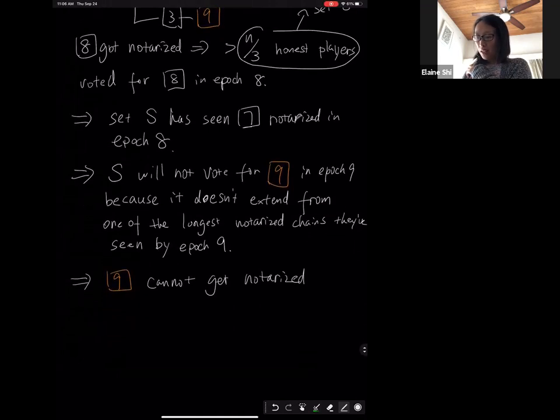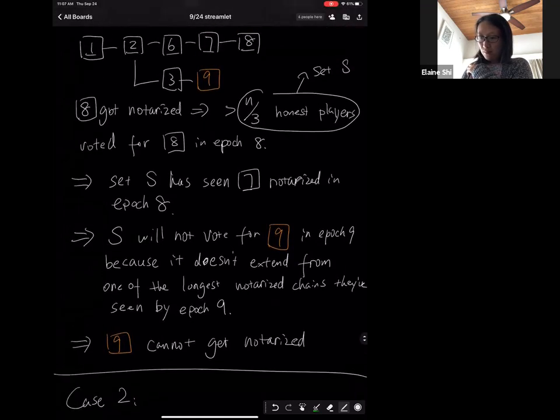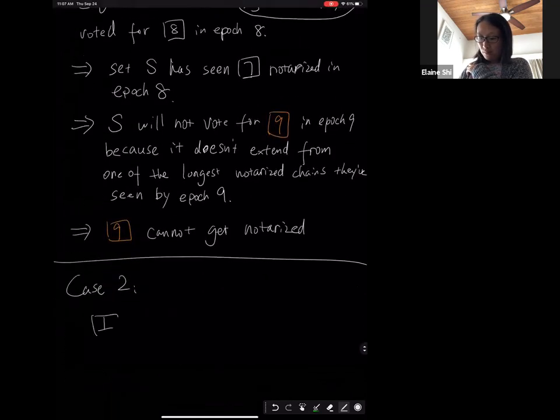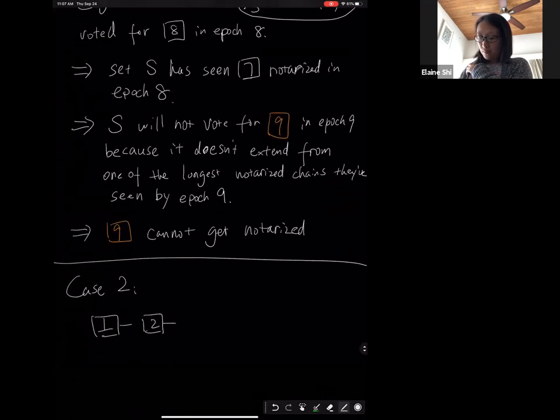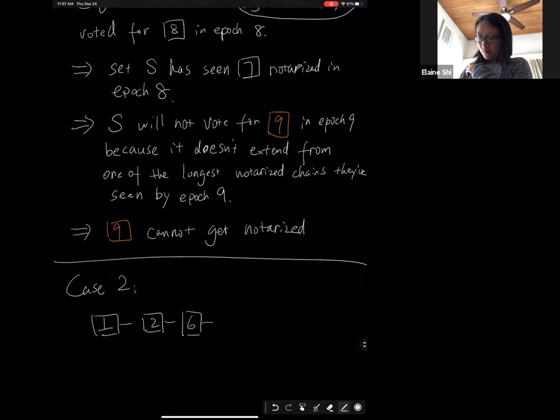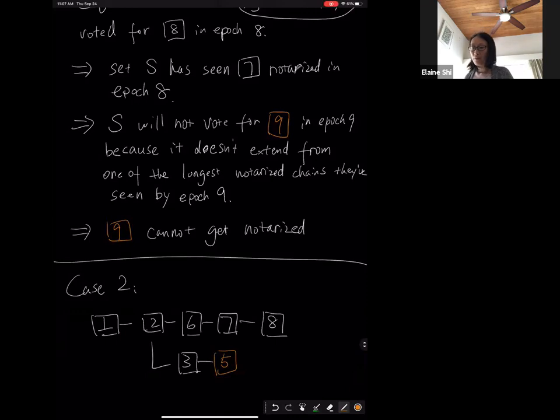And case 2 has an almost symmetric proof. Without loss of generality, we can assume this orange block has epoch 5, because if it's smaller than 5, all of the same proof would still hold.